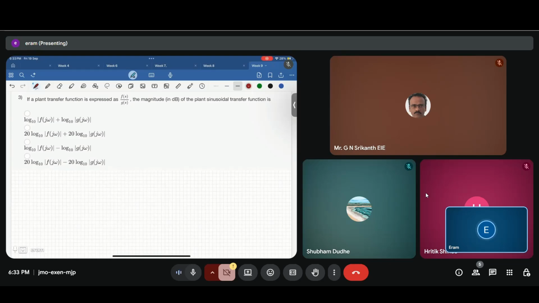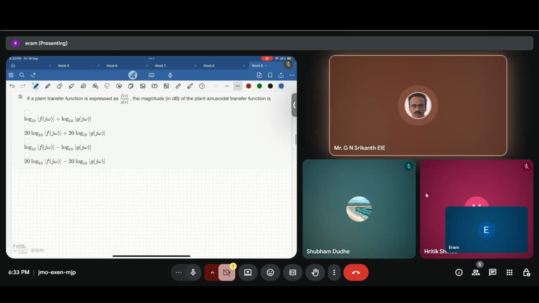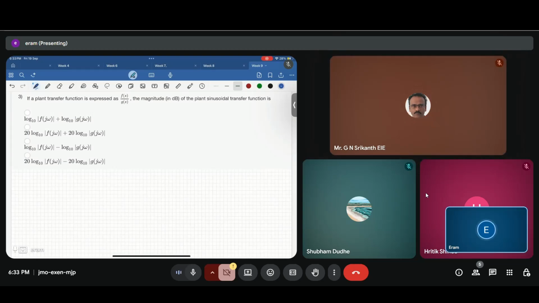What will be the magnitude in dB of this transfer function? I think the fourth one. The fourth one, yes.